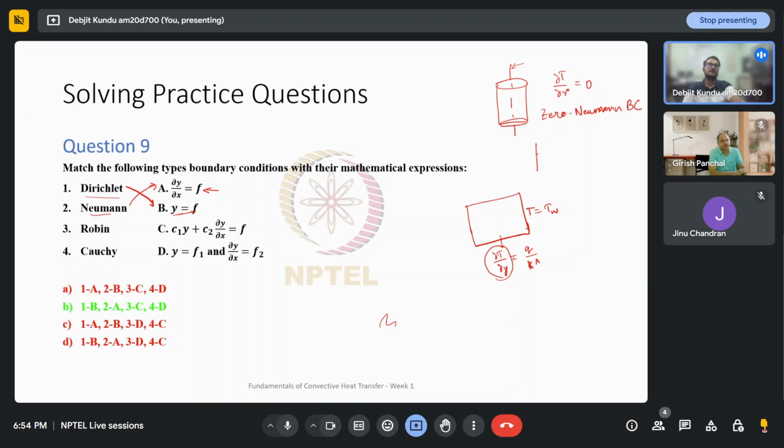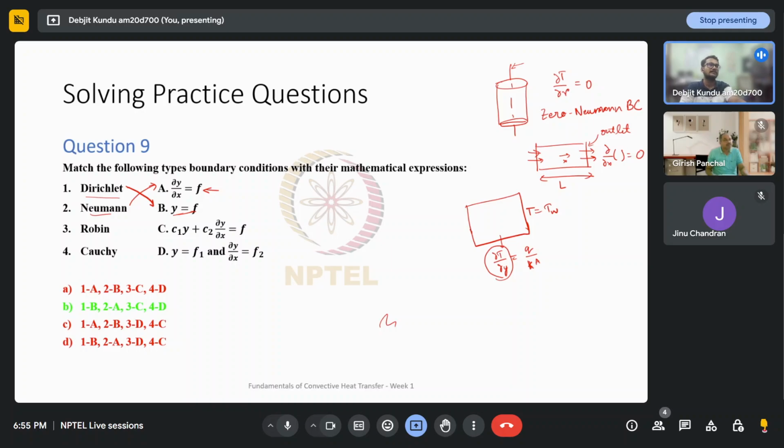This is true for many flow cases as well, in which, let's say, flow is coming in through here and leaving through here, and if it's sufficiently long enough, I can assume that at the outlet, if this is x direction, all the gradients of all variables should be 0.